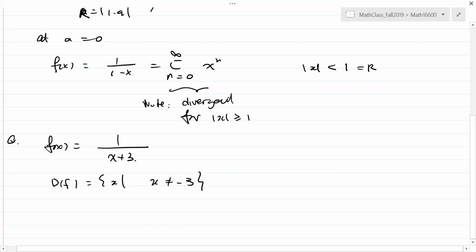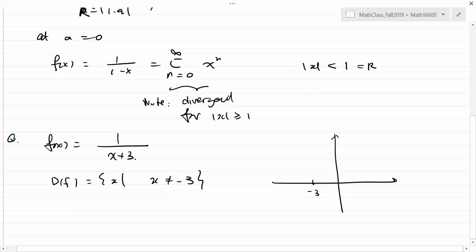So for any number away from -3, I should be able to find an interval on which I get a power series around that point. For example, you can choose a equal to 0.